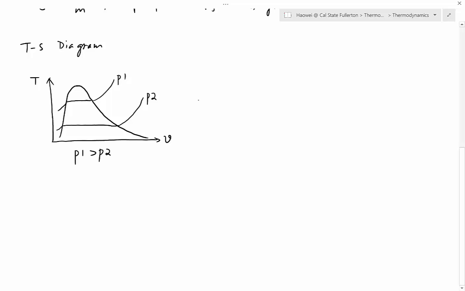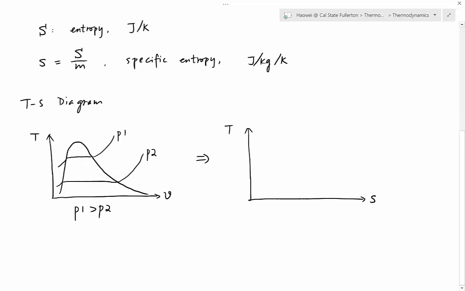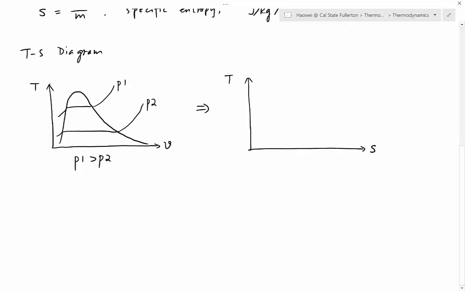Starting from today, we're going to use the T versus S diagram instead. T versus S, capital S. Usually it's not capital S, usually we use lowercase s. So what does this diagram look like? First of all, you still have the vapor dome, and everything is still the same as before.